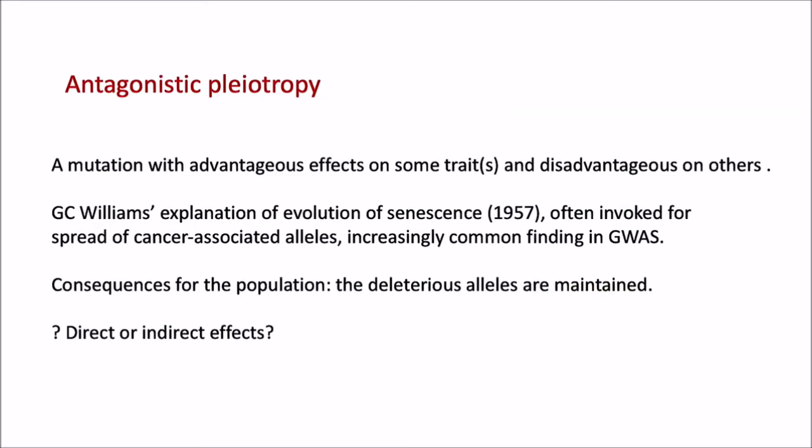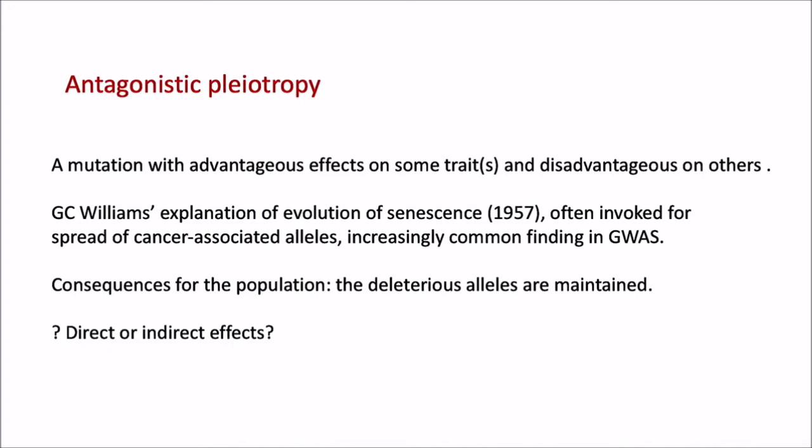I'm sure that you probably have known about antagonistic pleiotropy before, so just a quick run through. We have a mutation with advantageous effects on some traits and disadvantageous on others. The original idea was in trying to explain the evolution of senescence, where we have positive effect on reproduction, but then aging in later stages.